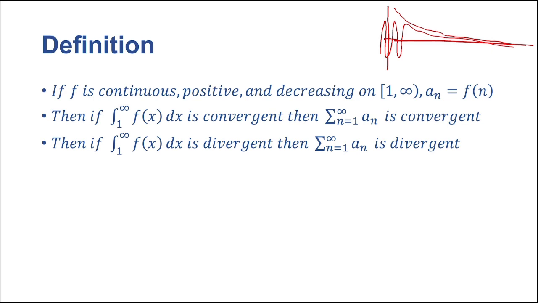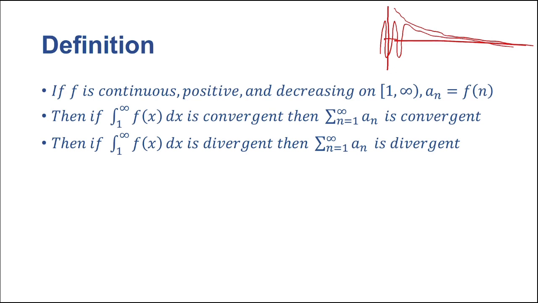Then if we take the integral of our function between 1 and infinity and it's convergent, so it doesn't equal infinity, then the series is convergent. And the same goes for the divergent side. If our integral between 1 and infinity of f of x is divergent, then our series is also going to be divergent. So this is pretty easy.